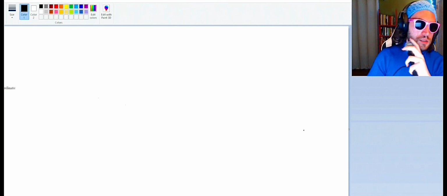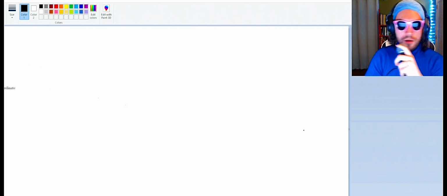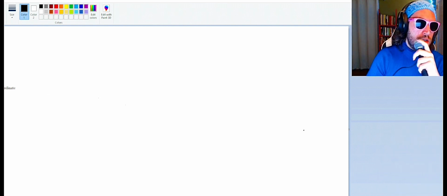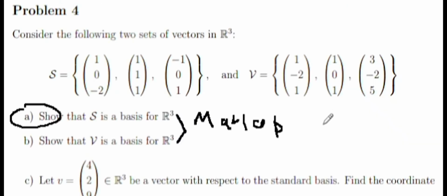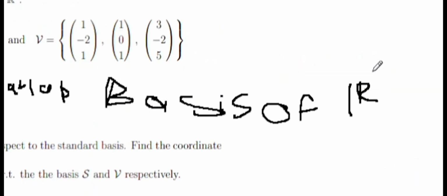So it's also a basis of R3. So both of these are bases of R3.